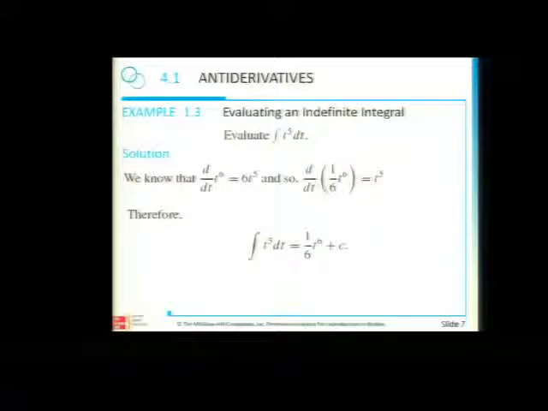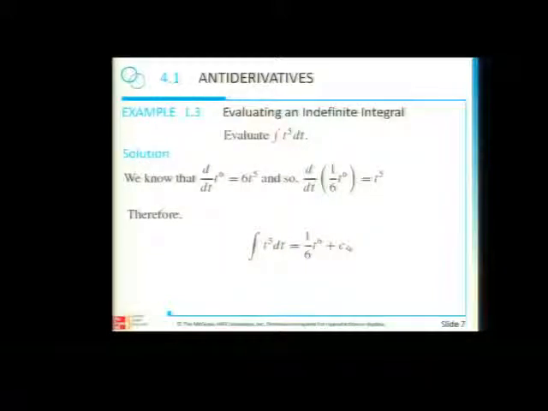So 1/6 times t to the power 6 is the elementary antiderivative of the integrand, which is t to the power 5. Therefore, the result of this indefinite integral will be the elementary antiderivative plus an arbitrary constant. Now you know where the arbitrary constant comes from, right? Because when you differentiate a constant, you get nothing. That's why when we integrate, we always get an arbitrary constant.